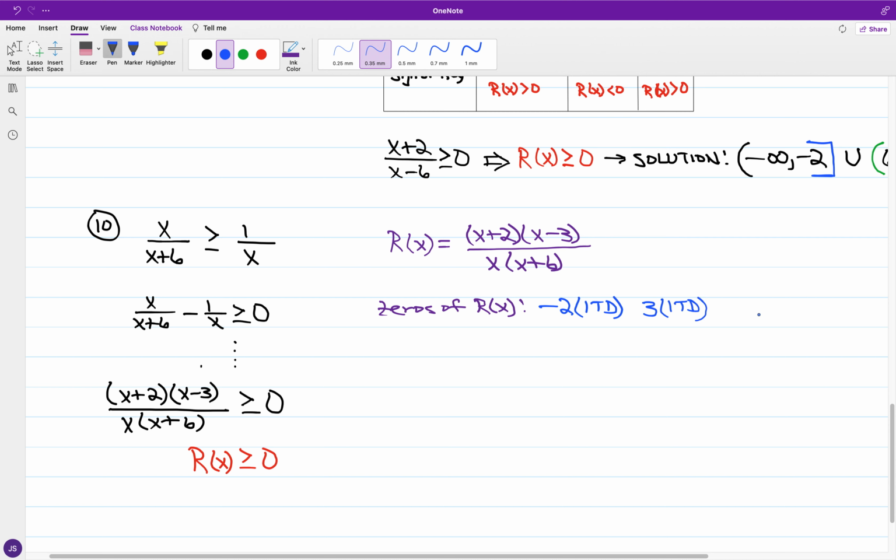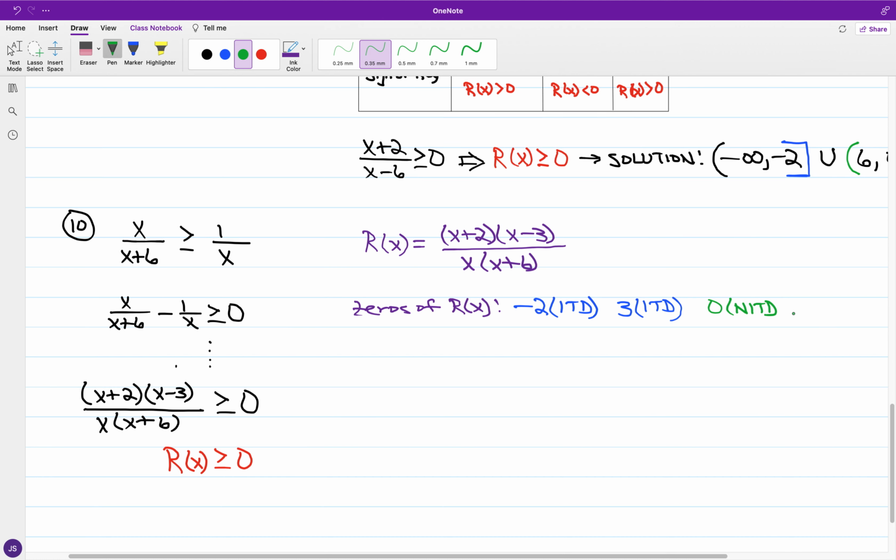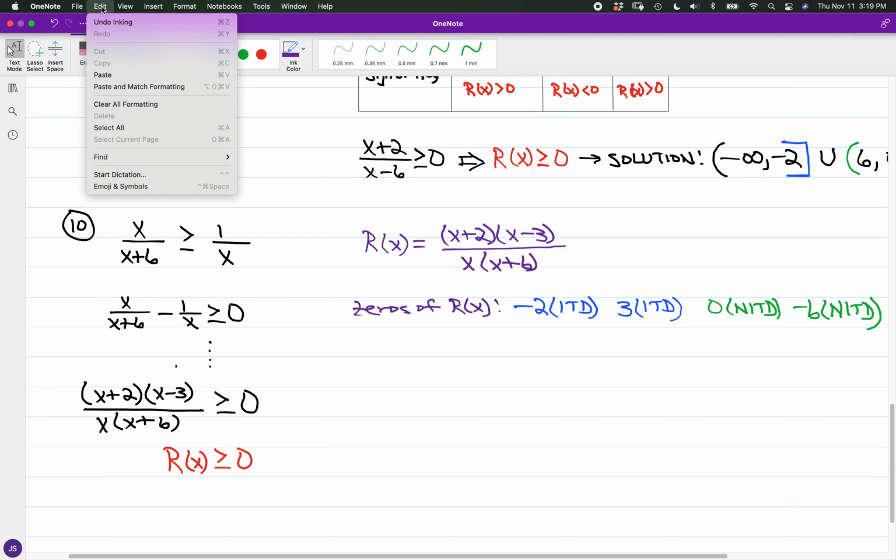From the denominator we'll have 0, that is not in the domain, and the 0 of the other denominator factor is at negative 6. So we have 4 zeros, 2 that are in the domain and 2 that are not.